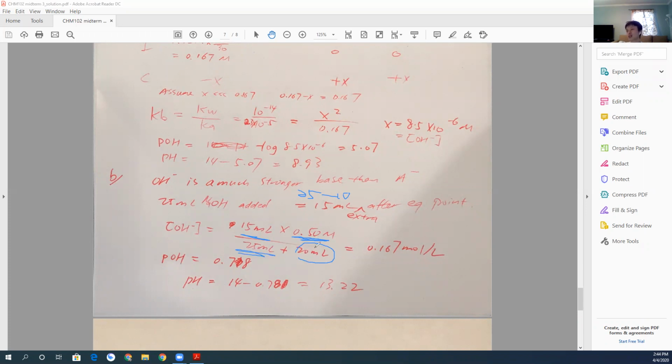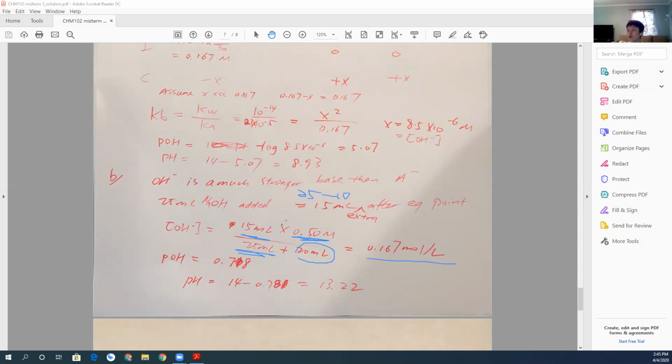I didn't convert milliliters to liters because I have milliliters in both numerator and denominator, so they cancel out. The concentration of hydroxide after 25 milliliters of sodium hydroxide added is 0.167.